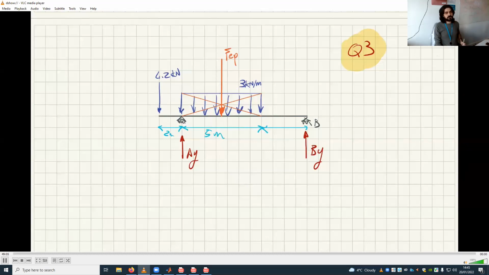So the equivalent force is 3 kilonewtons per meter times 5 meters. That gives 15 kilonewtons. You agree? That's it.